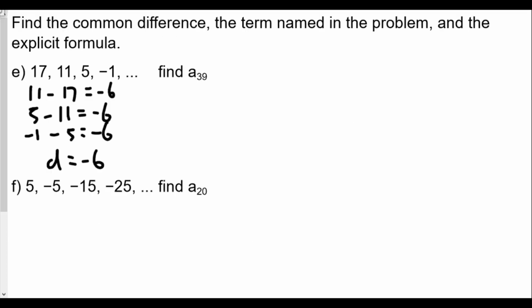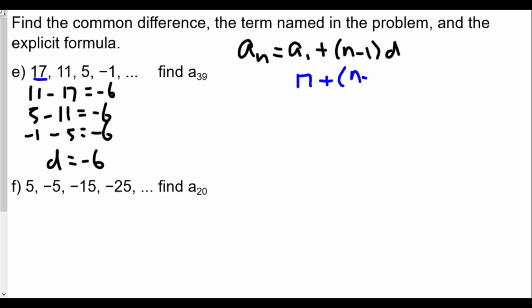So our formula, a sub n equals a1 plus parenthesis n minus 1 times d. Here our first term is going to be 17, so here's 17, plus n minus 1 times our common difference, which is negative 6.